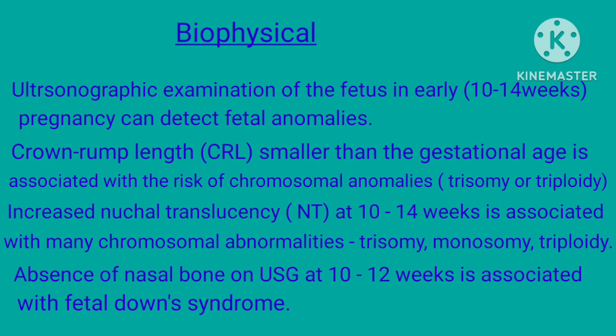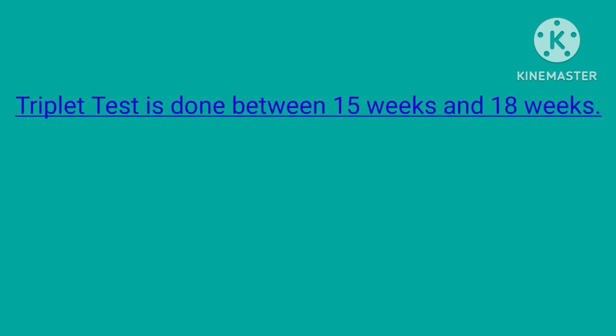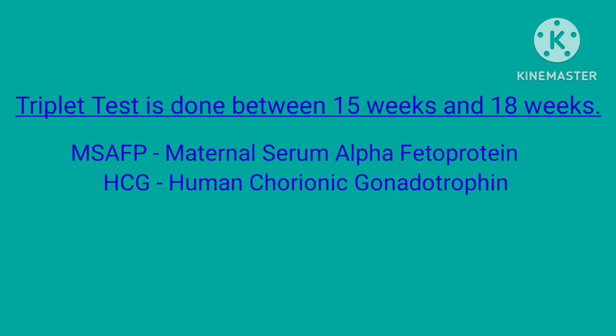Increased nuchal translucency, that is NT, at 10 to 14 weeks is associated with many chromosomal abnormalities. These are trisomy, monosomy, triploidy. And absence of nasal bone on USG, that is ultrasonography, at 10 to 12 weeks is associated with fetal Down syndrome. And the triple test is done between 15 weeks and 18 weeks.